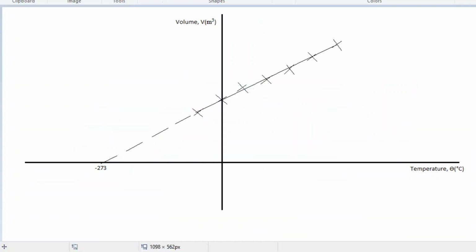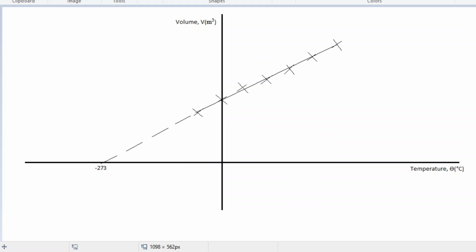So let's review what we learned today. Lord Kelvin did experiments with fixed amounts of gases, and he changed the temperature to see how their volume would correspond. He noticed that as you heated up a gas, its volume expanded, and as you cooled it off, its volume decreased. And so he said, well, how far can its volume decrease?